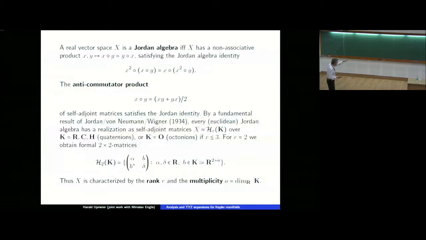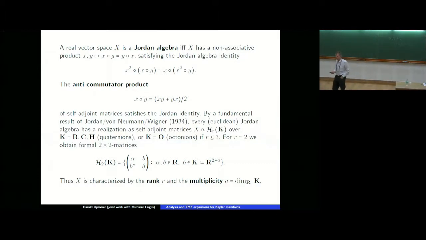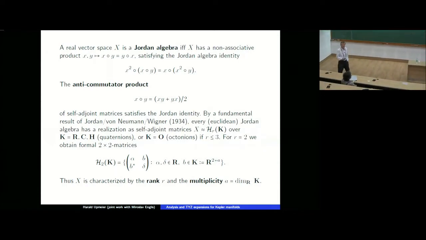Then we had the spin factors. Okay, they still behave like an anti-commutator, but then to their surprise, there was one more. That happened only in rank 3, and it happens when you put K to be the Cayley numbers. Cayley numbers were mentioned before.